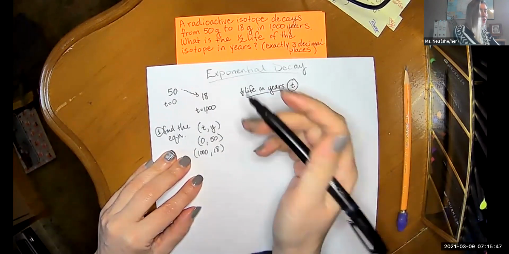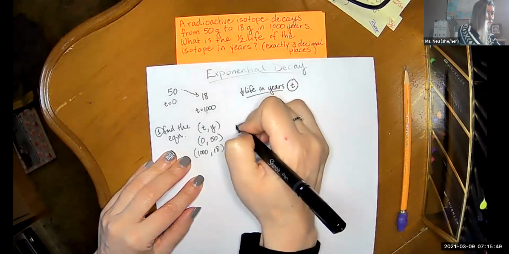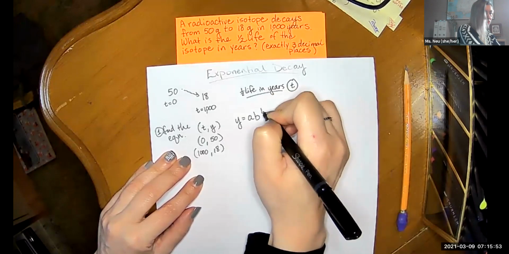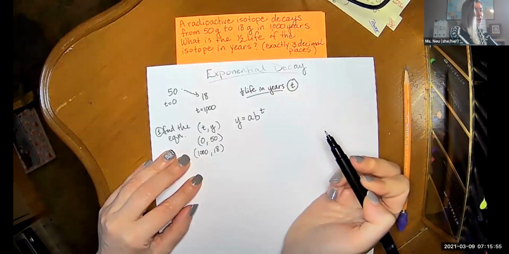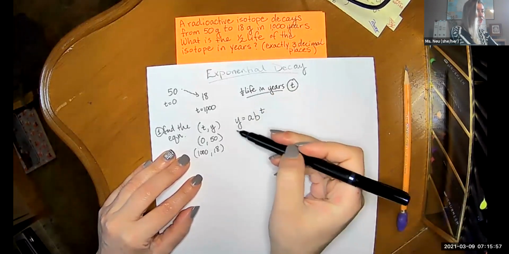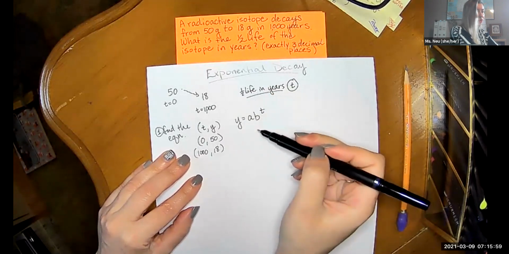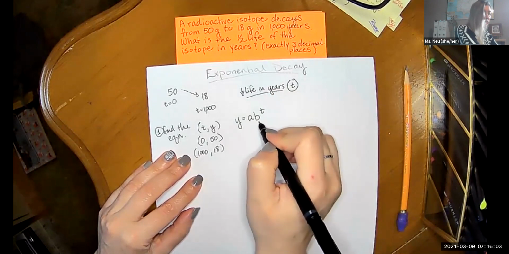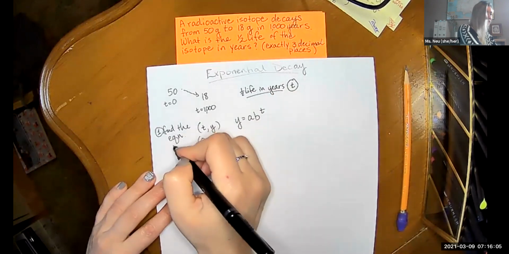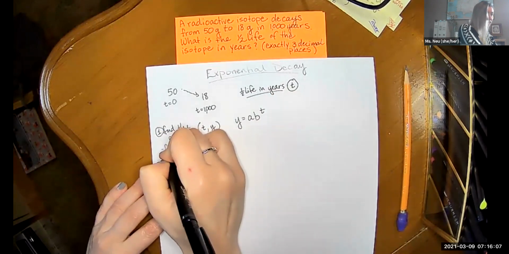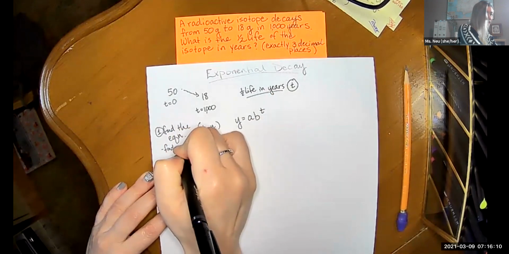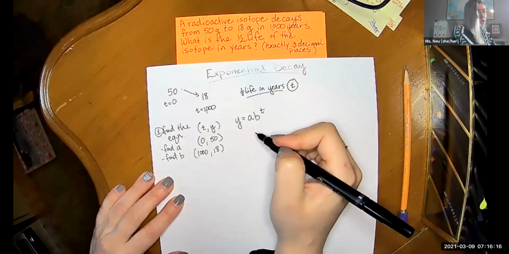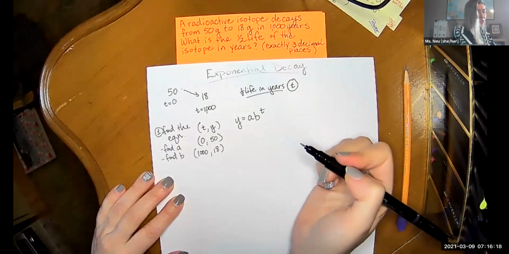Exponential equations always come in the form y equals A times B to the t. So perfect. I just need to find the equation in this form, and that means that I only need to find A and B. So when finding the equation, find A and then find B. A jumps right out at me.